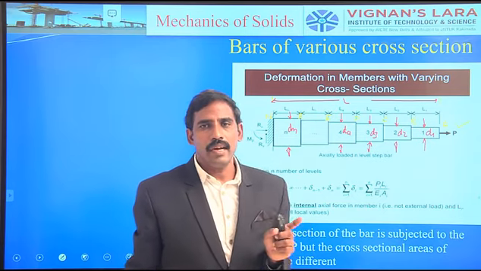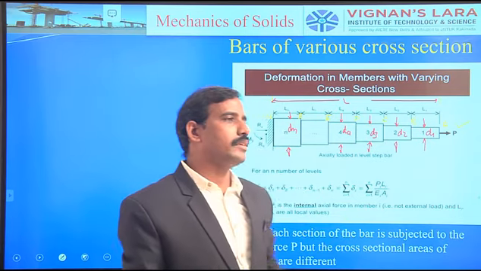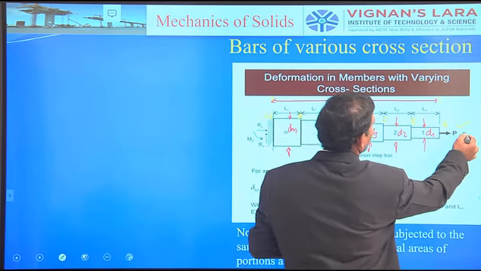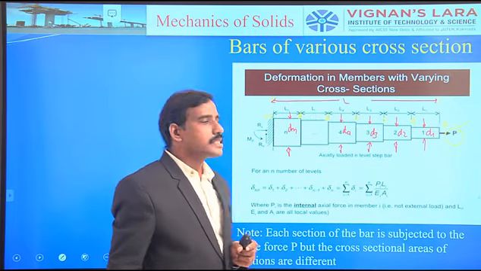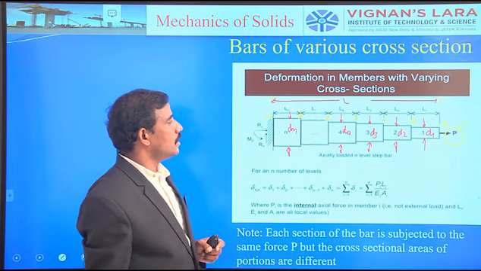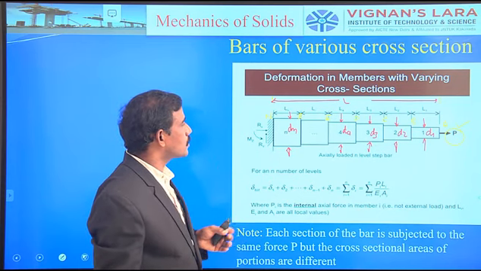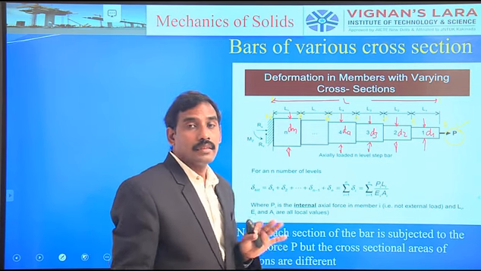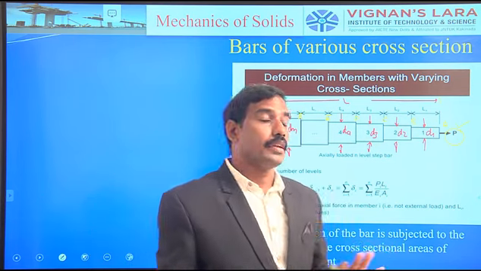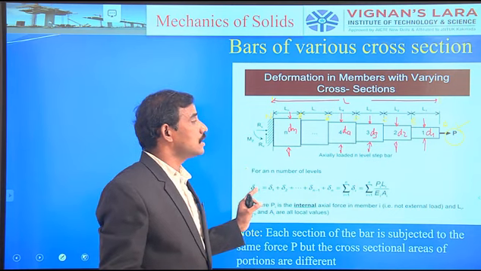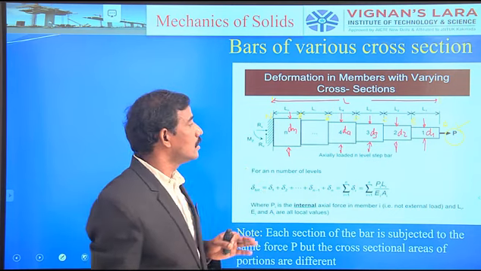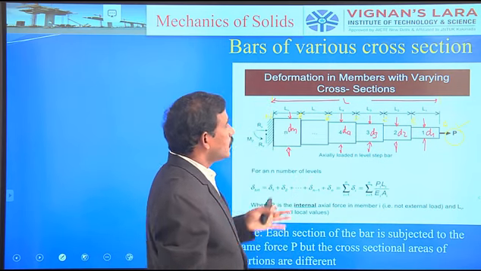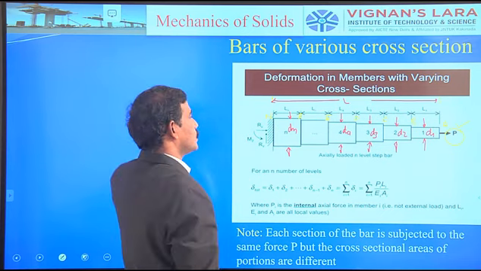Here one point is the key point, which is very important, and we have to remember it: that P is the same for the portions AB, BC, CD, DE, EF and the last. Keep it in mind. But the cross-sectional areas are not the same, so definitely the stress is not the same and the strain is also not the same. So the applied load acting on each portion is the same, but the stress is not the same.